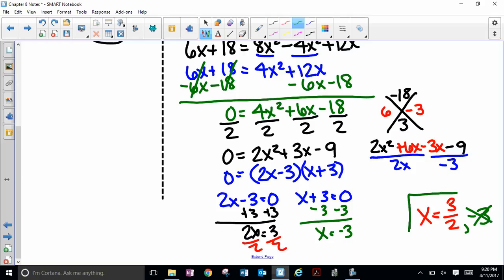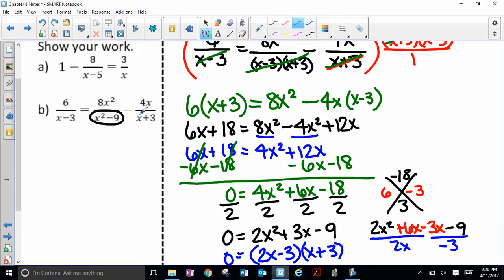The only solution is x equals 3 halves. So negative 3 is what we call an extraneous solution, because when you solved, you got it as an answer, but when you plug it back in to check, it makes the denominator 0.